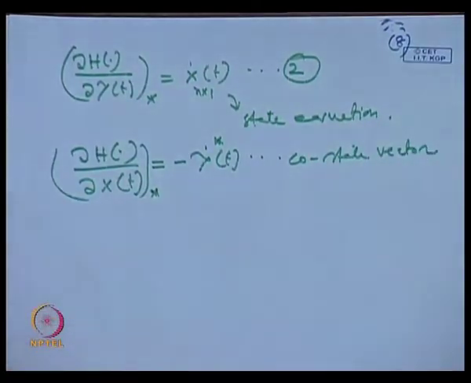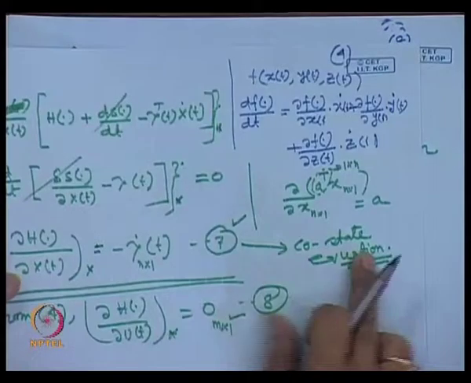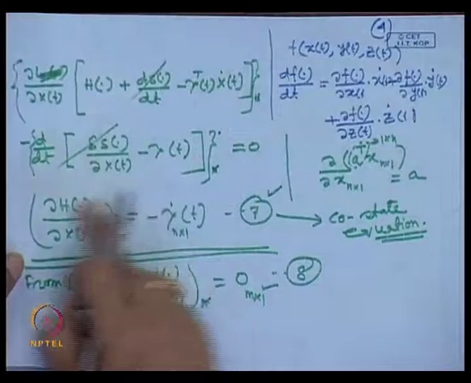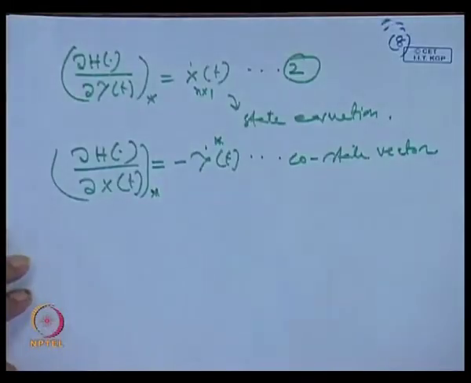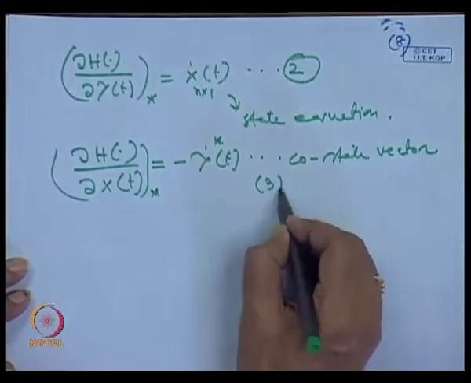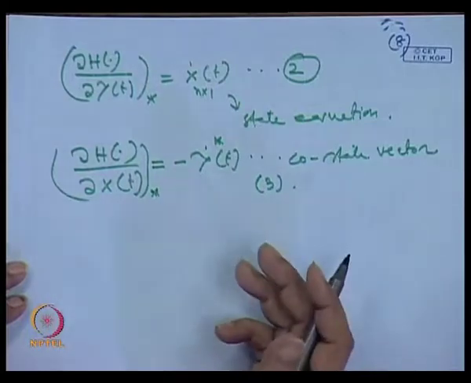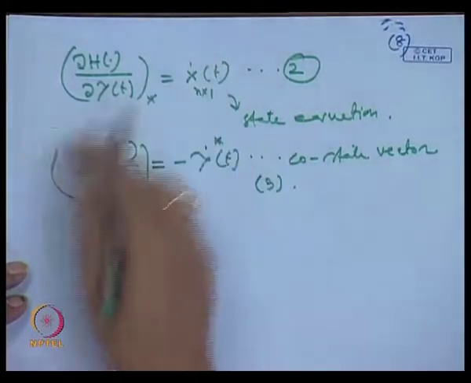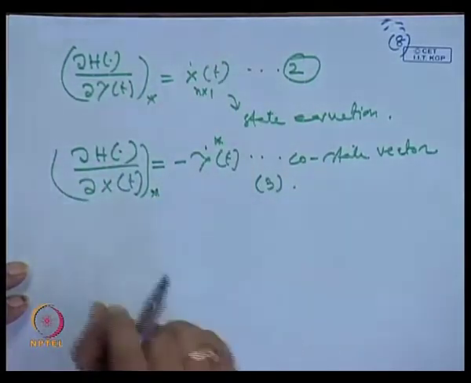What we got from the Lagrangian is the co-state equation, which is the third. This is equation number 3, and then you have to solve these 3 equations.